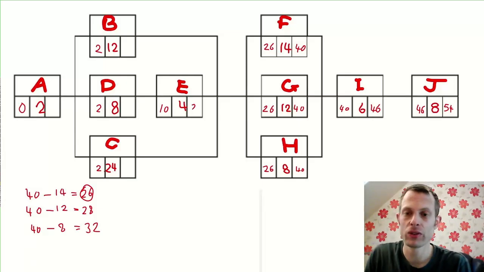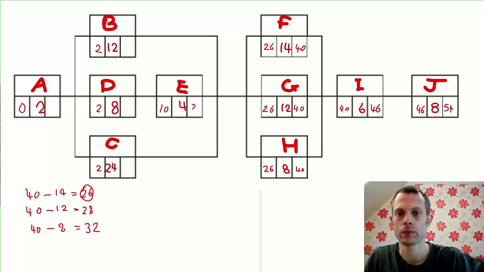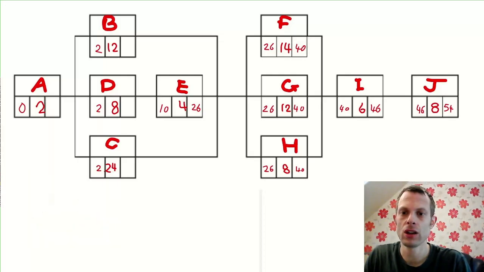Now, we always take the smallest of these on the backward scan, 26 hours. So the late times for tasks B, E and C will all be 26 hours. We can get the late time for task D by working backwards and doing 26 take away 4 is 22.